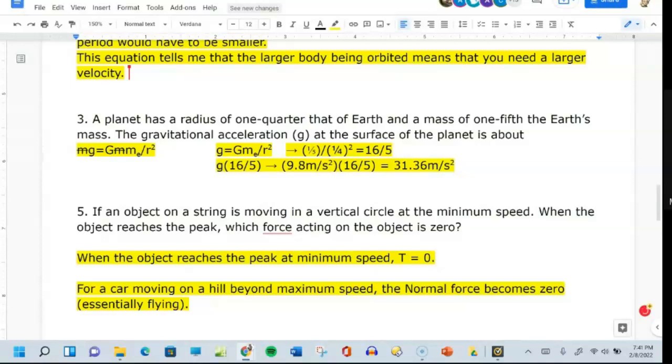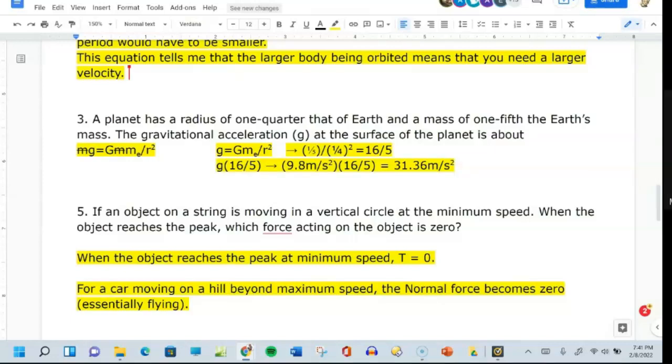The top, the mass is 1/5. The bottom is 1/4 of the radius, but that gets squared. So I'll have 1/5 over 1/16 because the 1/4 gets squared. Multiply top and bottom by 16 to clear the fraction in the bottom, and it's a change of 16 over 5.